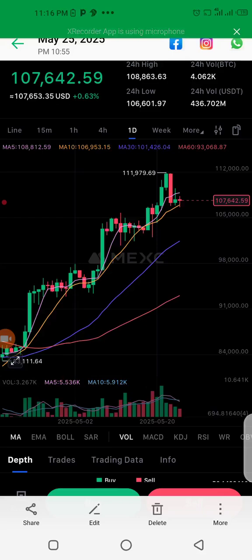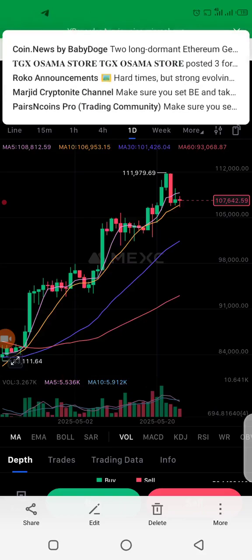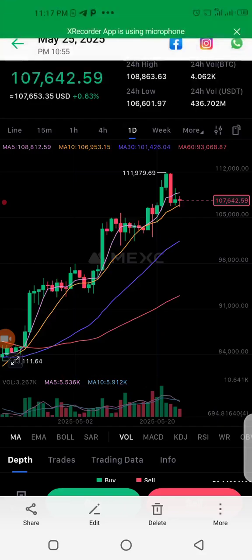So normally you plot your major levels on the weekly time frame, which includes your support and resistance. Your key levels should be plotted on the weekly time frame and not on the 15 minutes, 30 minutes or even 1 hour time frame, because basically and most times their support levels, their resistance levels do not hold in the long run. Okay, they are subject to market manipulation.